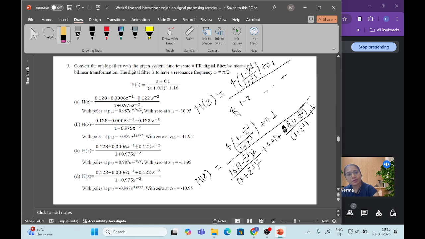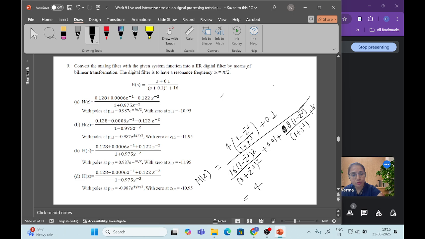So I am removing it so that I can write it down. You have opened it; it is in the denominator. So we can multiply it further. Further solving it, here it will be left 1 minus z inverse times 1 plus z inverse, because one factor of 1 plus z inverse will be cancelled out. So 1 is in multiplication plus 0.1 times (1 plus z inverse) whole square will be in the numerator.